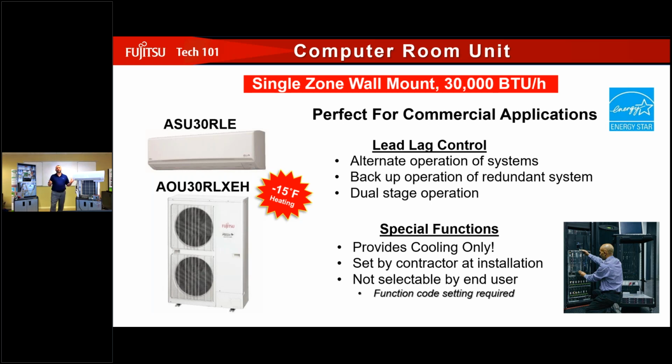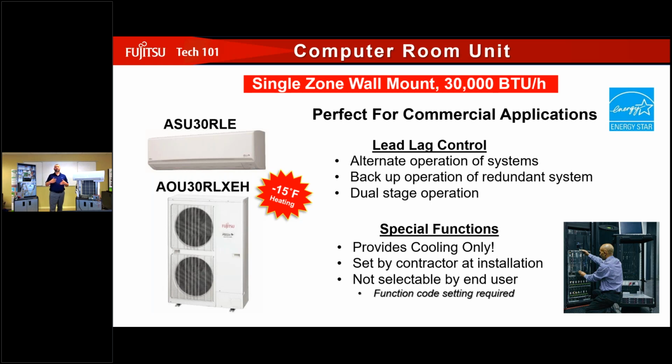What that does is basically gives us a backup operation in case we have one of the systems go down. So redundancy, we could do a dual stage operation. So if the room is not cooling quick enough with the one system operating, it will turn on the second system.